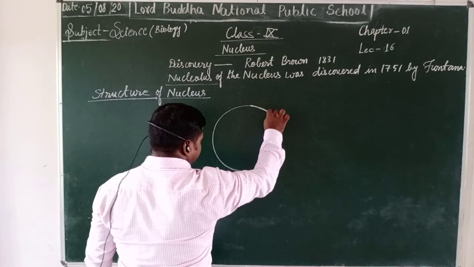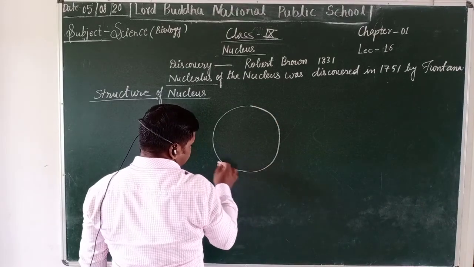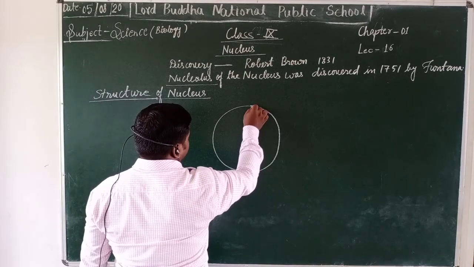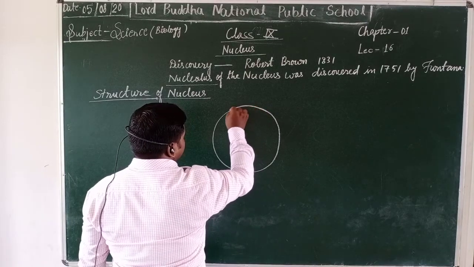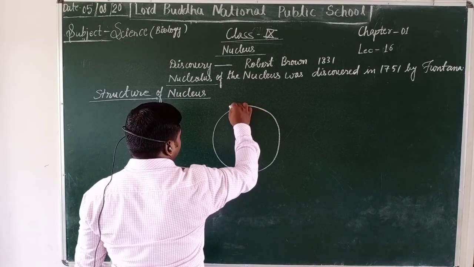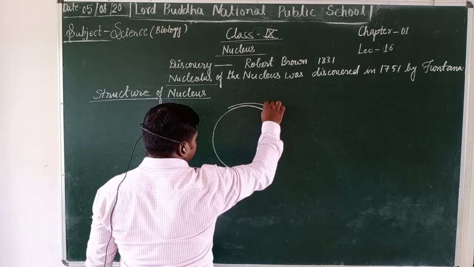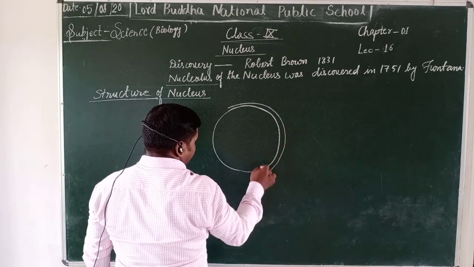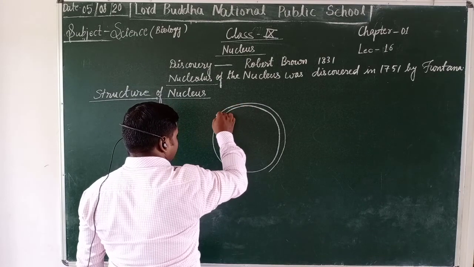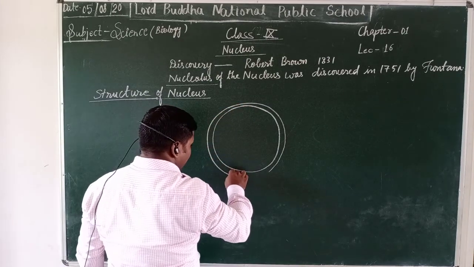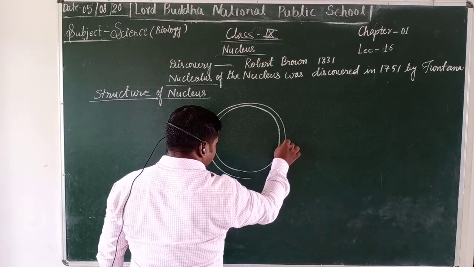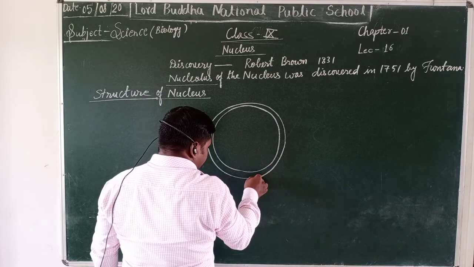It is the most peculiar structure of a eukaryotic cell, because in a prokaryotic cell the nuclear membrane is absent. That's why the cytoplasm and nucleoplasm are not separated.